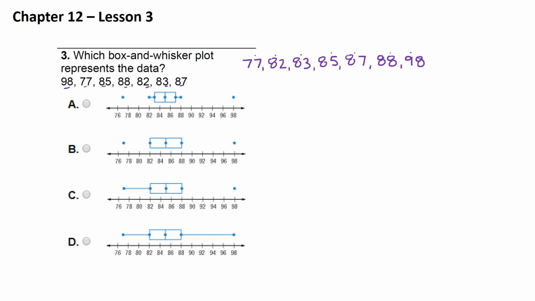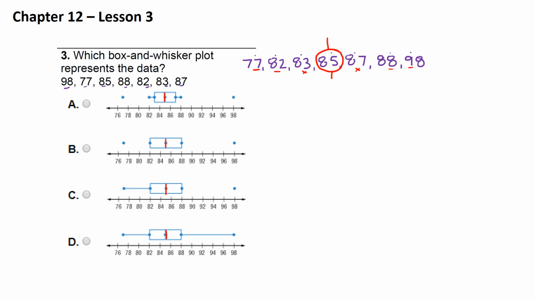All right, so we're going to find our median value first. Left to left, right, right, left, right, middle. Okay. So 85 is our median value. And for A, they have 85 as the median. B, 85 as the median. C, 85 as the median.